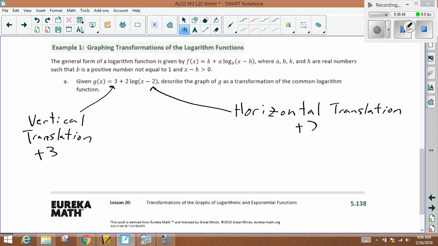It's going to go plus 2. And we're going to call this scaling. That one is going to scale it.